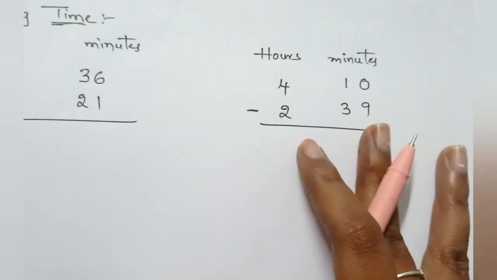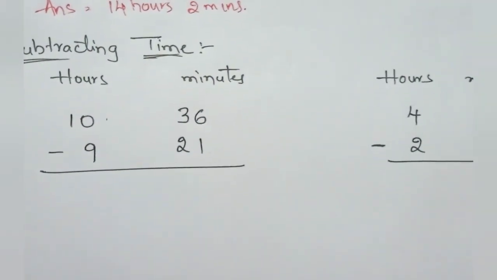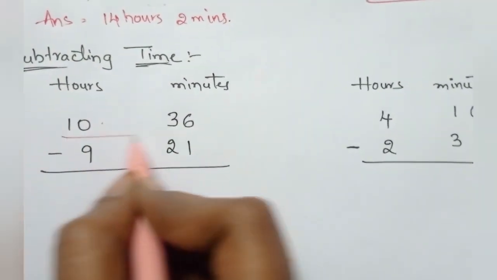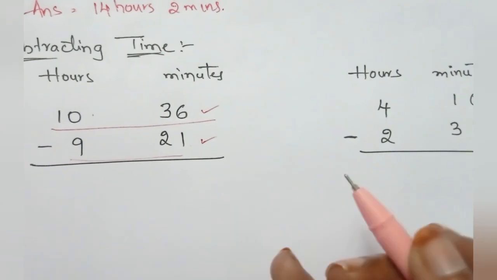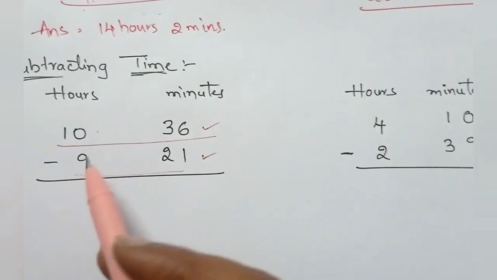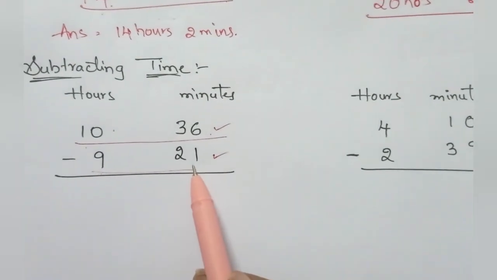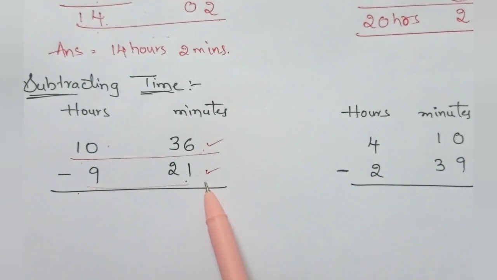But when it comes to subtraction, we should first see that the top number should be the bigger one and the bottom number should be the smaller one. This is the basic rule of subtraction, which you have learnt before. So here 10 hours 36 minutes minus 9 hours 21 minutes. It is very simple that 10 hours 36 minutes is greater than 9 hours 21 minutes.